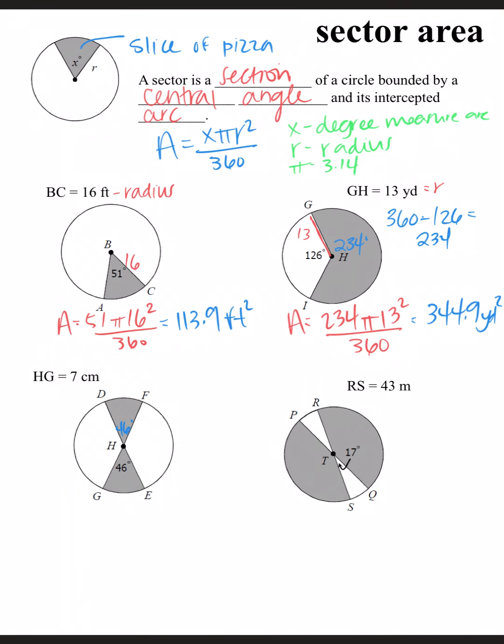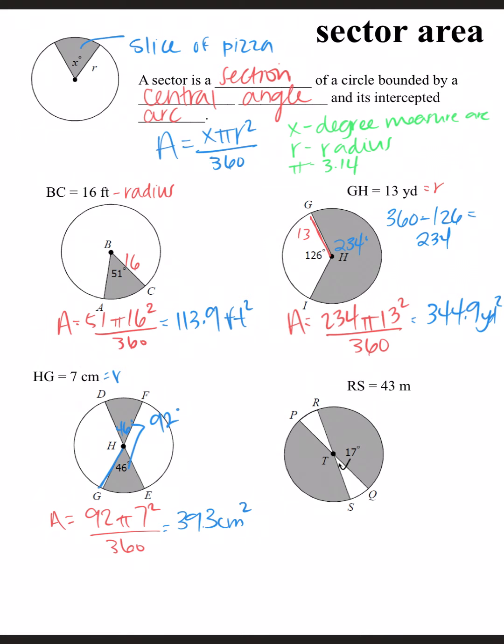So if I add 46 and 46, it's 92 degrees. So for my x, my degree measure, I'm going to use 92. HG is 7 centimeters, so that's our radius. I'm just checking every time because we might be given the diameter and have to divide it in half. So area equals 92 pi 7 squared divided by 360. And this is 39.3 centimeters squared.